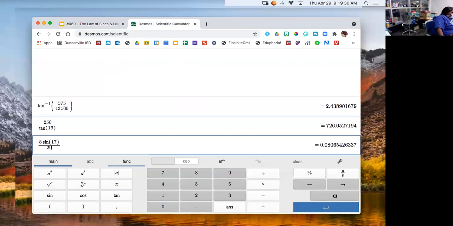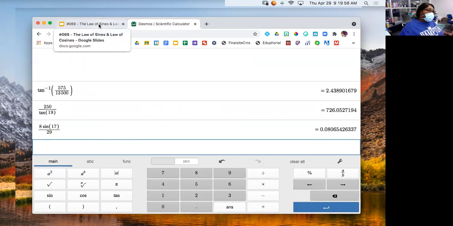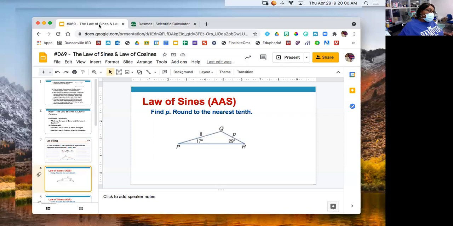Did I put 8 sine 17 divided by 29? Yeah, okay, I can't see. Okay, and so then I come up with 0.08. Round to the nearest 2.